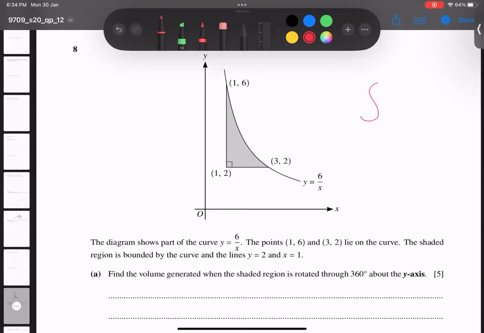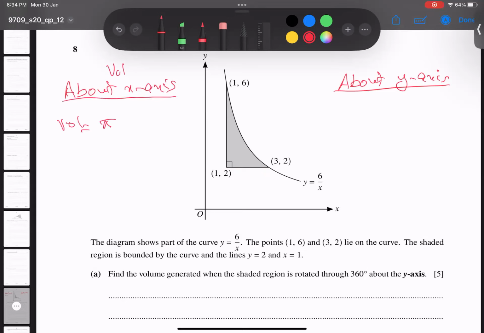If you integrate from 2 to 6, because what is the formula about the y-axis? Let me write the formula about the y-axis. Or first I write the formula about the x-axis. The volume about the x-axis is pi, the integral of y squared dx, from x1 to x2.